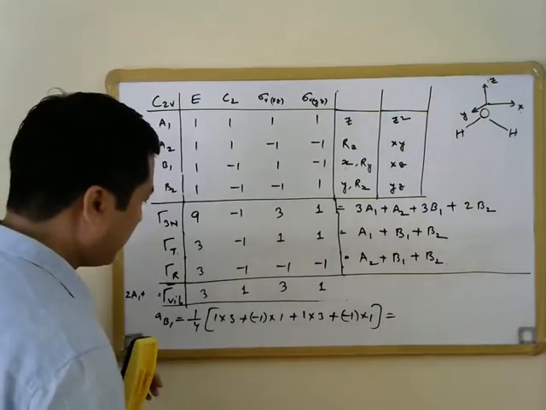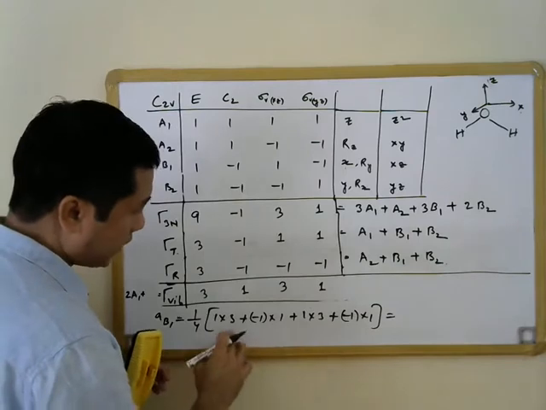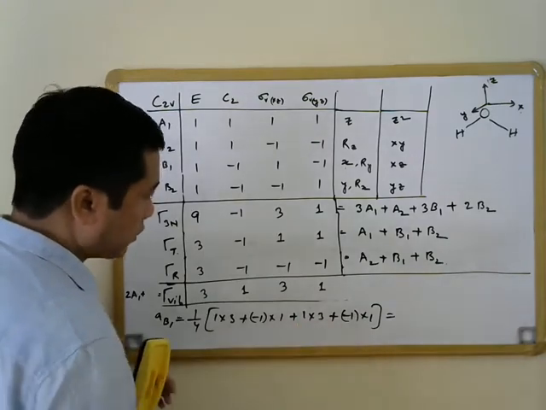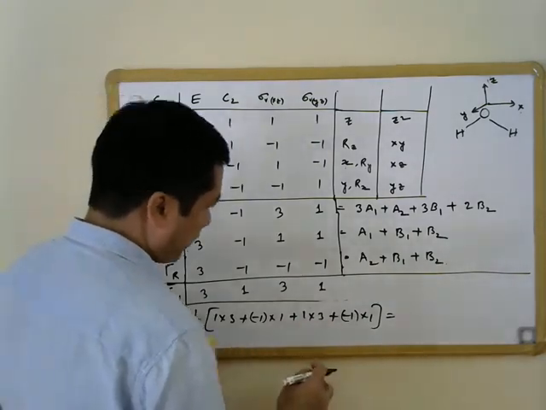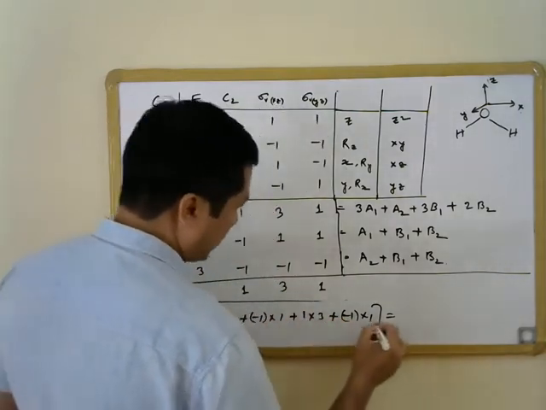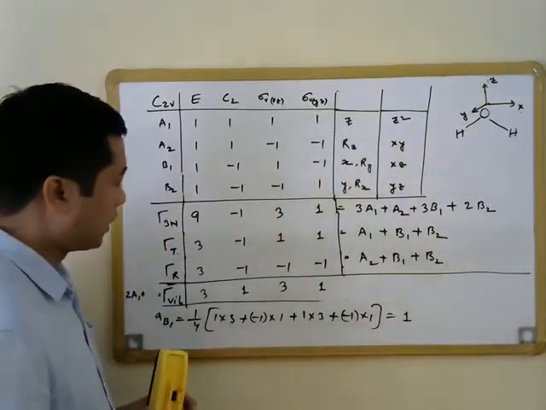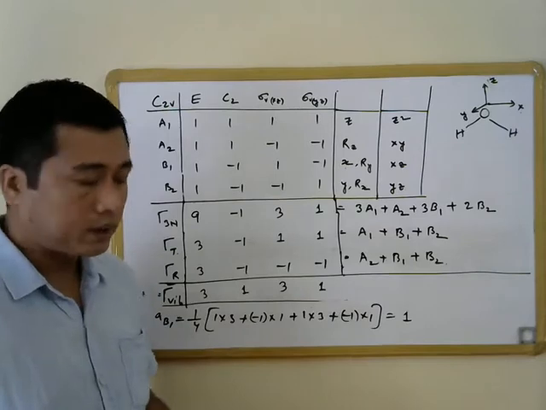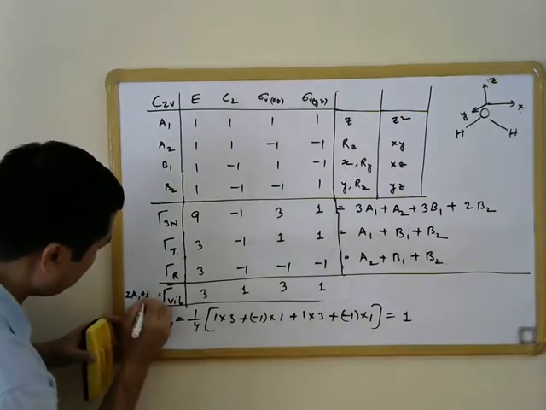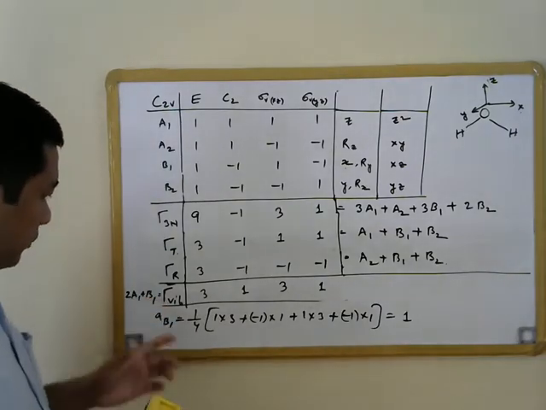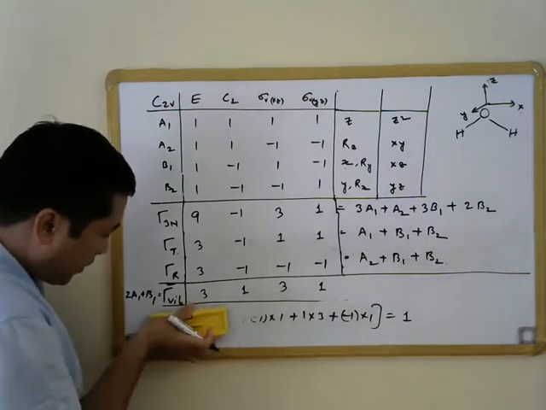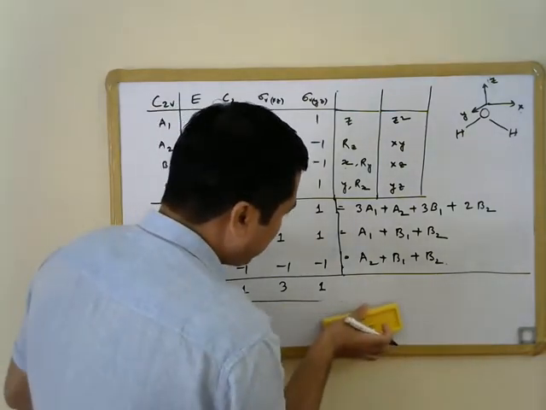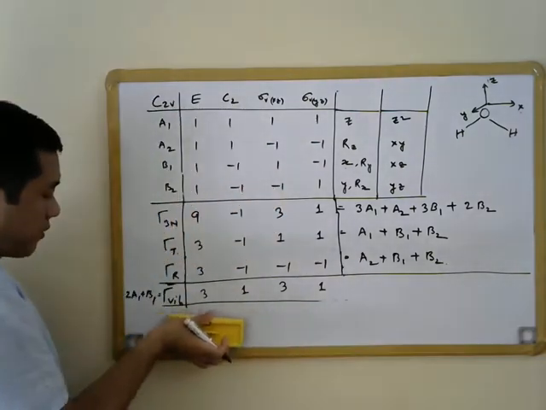So that is going to be equal to plus 3 plus 3 plus 6 minus 2, which is plus 4, and this answer is going to be equal to 1. So the B1 irreducible representation appears 1 time. So we can write here that one of the vibrational modes has B1 symmetry.